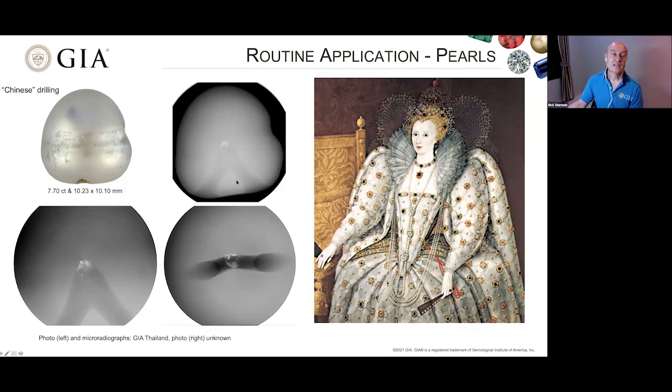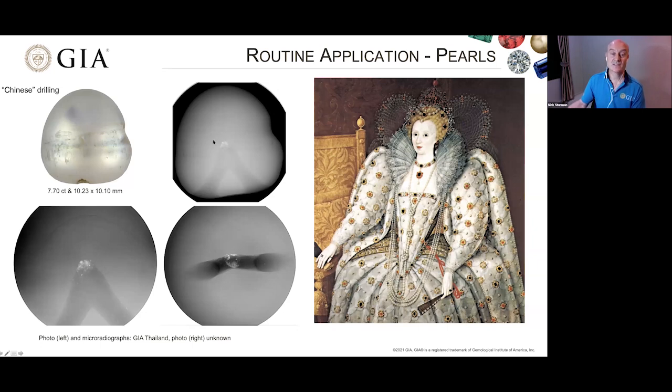Also, we can see about this type of drilling. This is a Chinese drilling. It's also, so I've heard, being called Mandarin, they've been called Mandarin pearls too, because originally they were drilled in China by the emperors, and they were used on clothing.